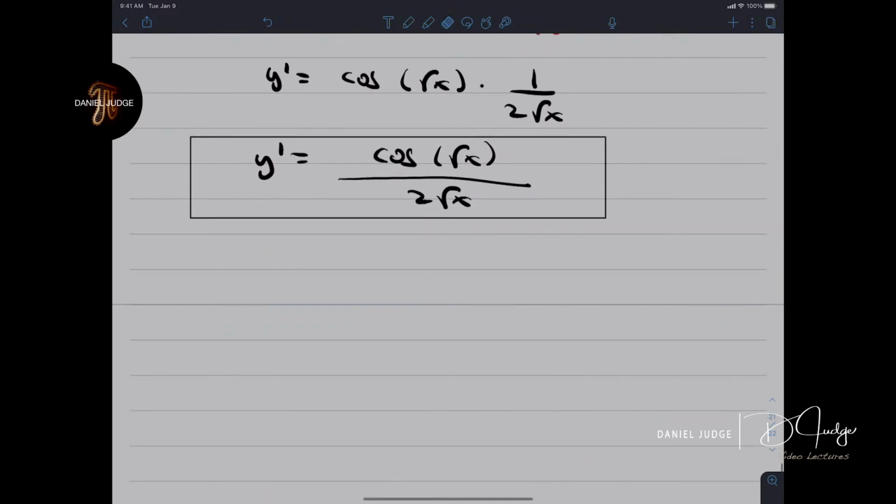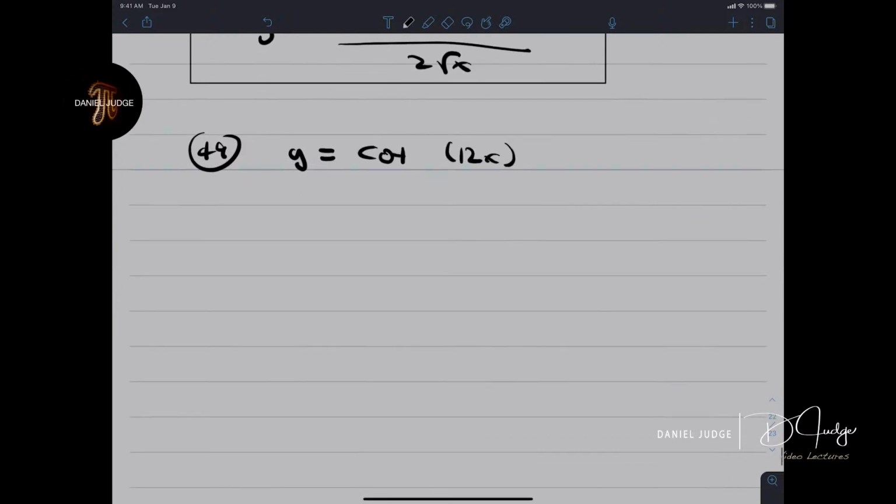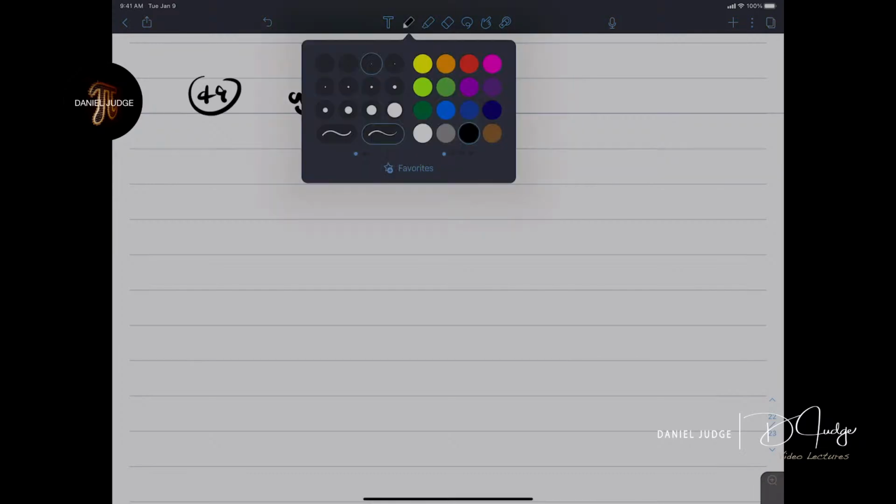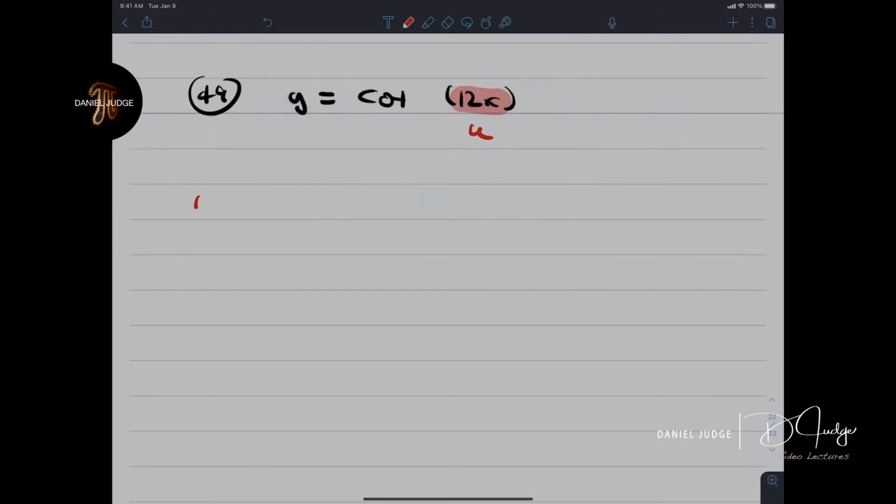And then 49, ladies and gentlemen. Y equals cotangent of 12x. Again, the inside function, u, inside your parentheses, will let u be 12x.